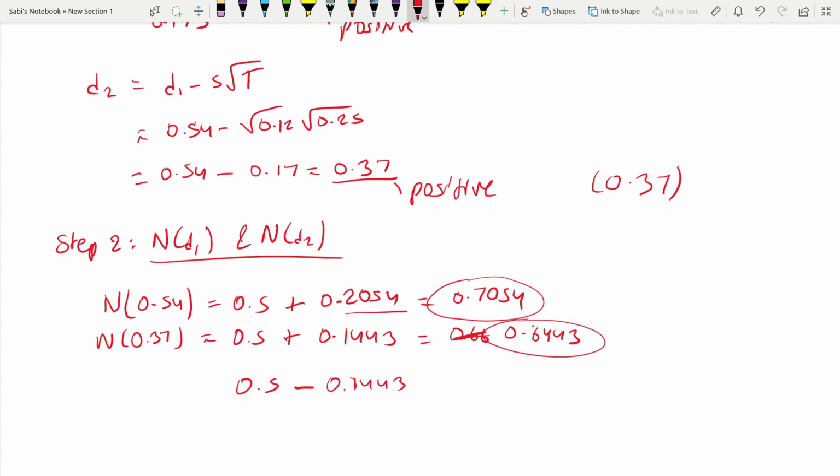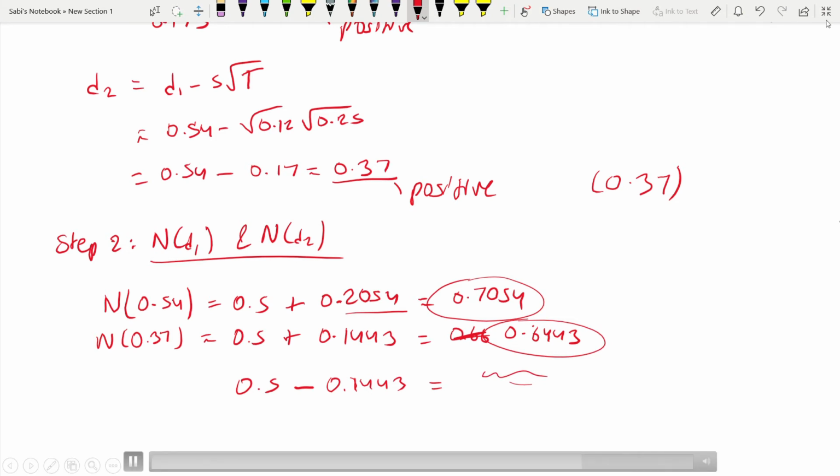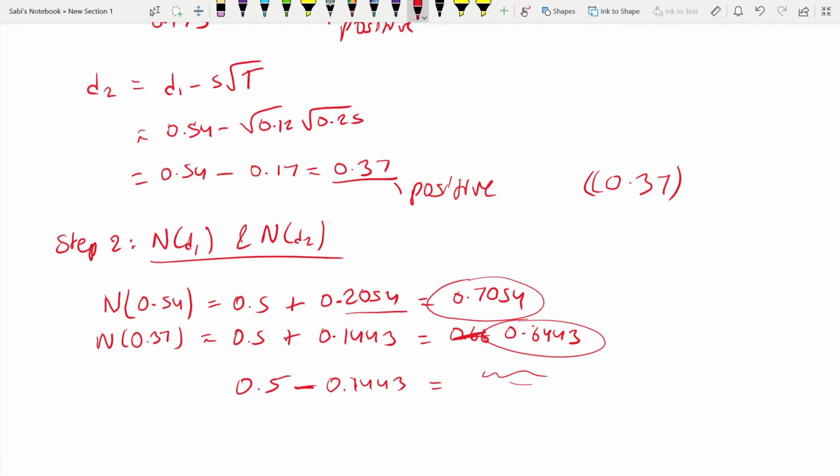So the number will be less than 0.5. But if it's negative, you have to subtract it from 0.5. If it's positive, add it to 0.5. So positive, add 0.5; negative, subtract from 0.5. That's the difference you have to remember.